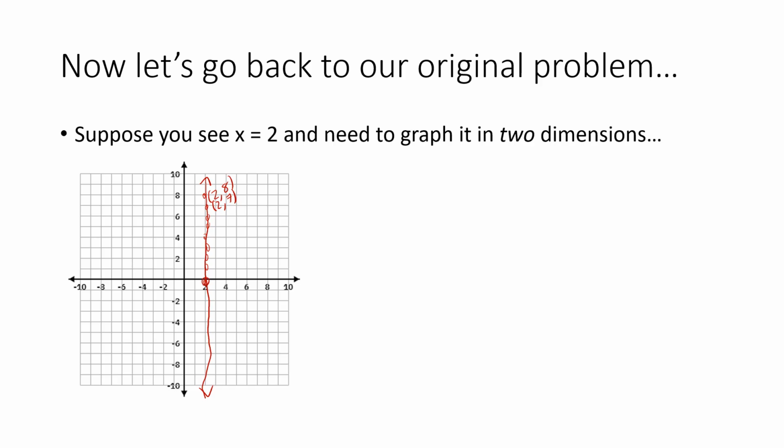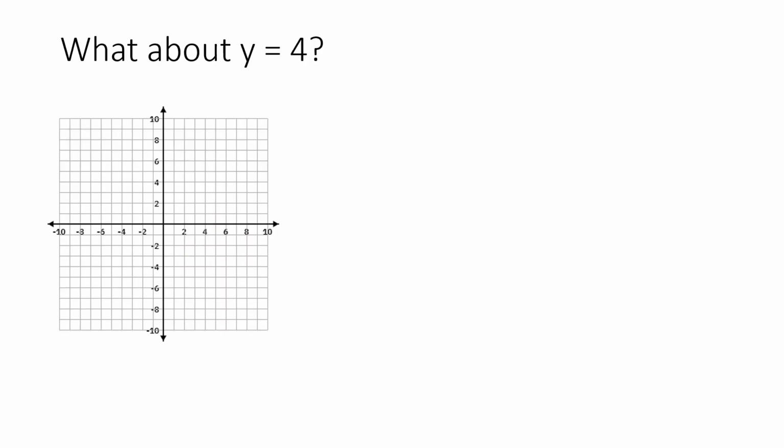And we connect them because even though they don't all have grid lines or tick marks there, there's points in between. So right there, that would be the point (2, 4.5). So all of those points have an x coordinate of 2 and the y coordinate doesn't matter. So basically we're plotting all the points where x equals 2, the value of y does not matter.